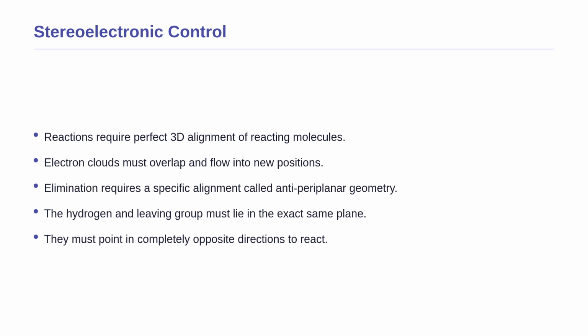Specifically, elimination requires an anti-periplanar geometry. This means the hydrogen atom being stolen and the leaving group departing must lie in the exact same flat plane but point in completely opposite directions. If they do not align, the reaction simply will not happen.